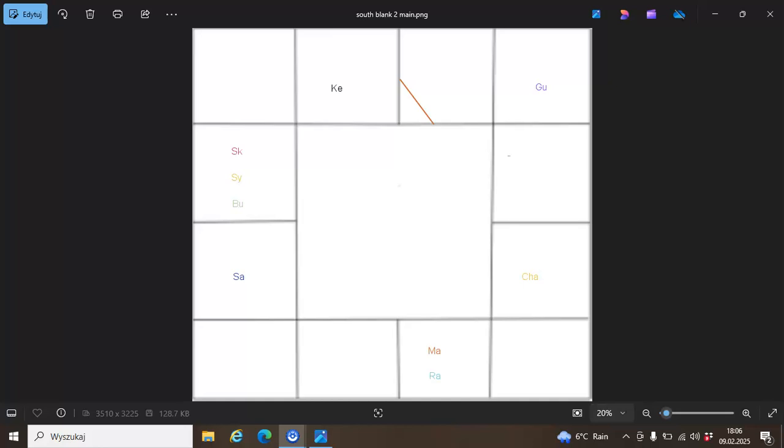K.N. Rao houses are obviously the 1st, the 4th, 7th and 10th. Yeah? If we're talking about grahas, planets, we do not consider Rahu and Ketu. Yeah? We exclude them when we're talking about grahas which we need to find in our K.N. Rao houses.